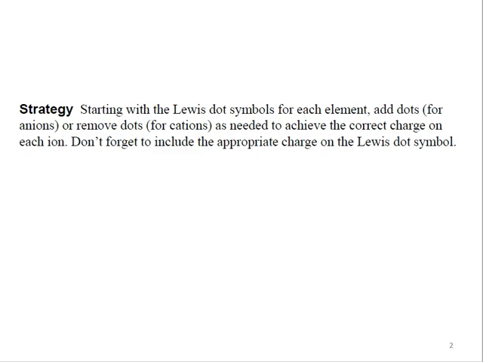The key thing first, before you know how many electrons you'll need to add or remove, you need to understand the valence electrons for the elements that you're looking at.